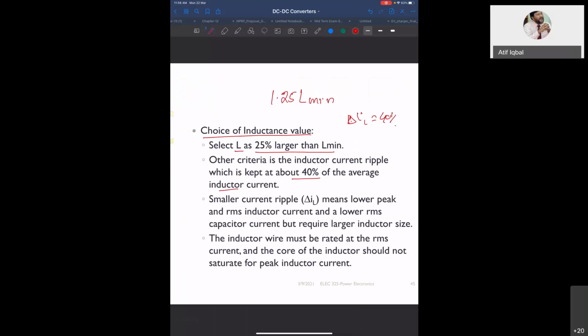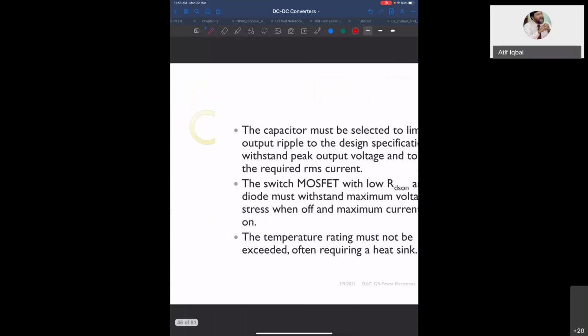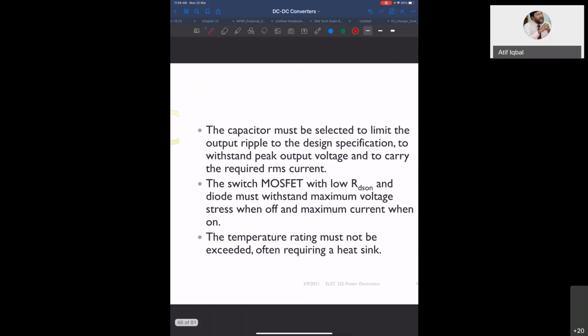The inductor wire must be rated at the RMS current, and the core of the inductor should not saturate for peak inductor current. Okay. So the capacitor must be selected to limit the output ripple to the design specification, to withstand peak output voltage and to carry the required RMS current.